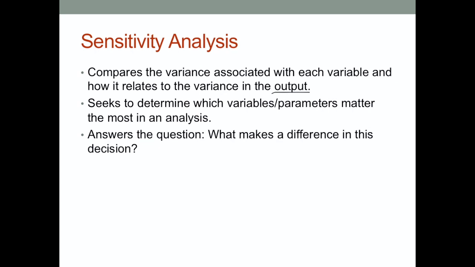Our sensitivity analysis seeks to determine which of those variables or parameters matter the most in an analysis. And it answers the question, what makes a difference in this decision? In that equation back there, my N, R, and S, which of these variables really makes the biggest difference in my V, my outcome value?